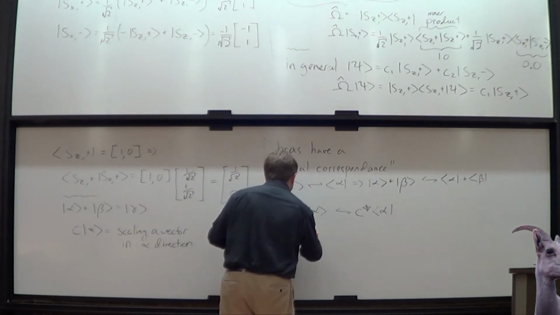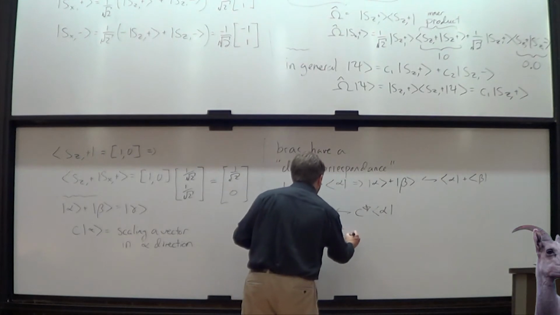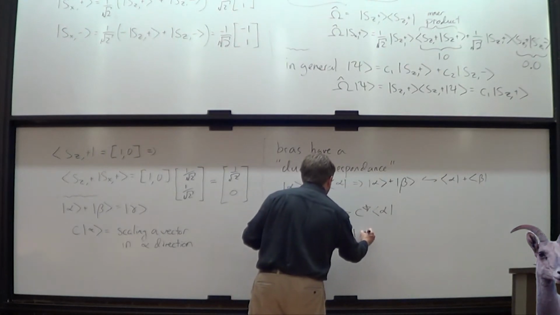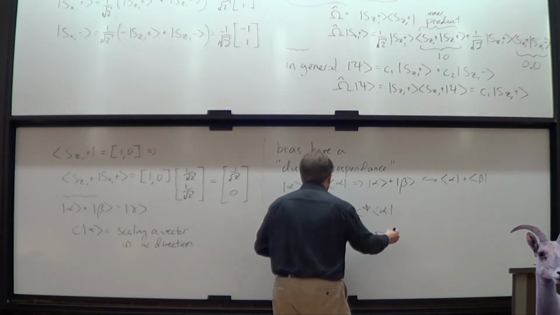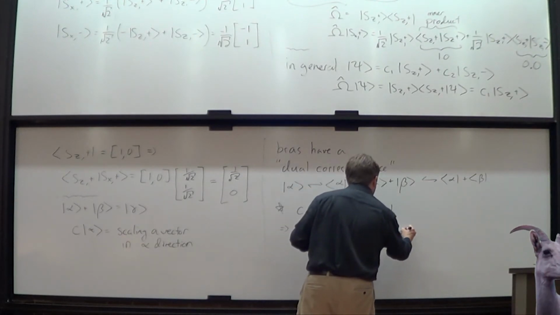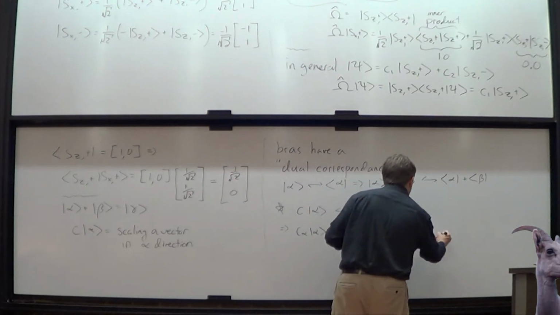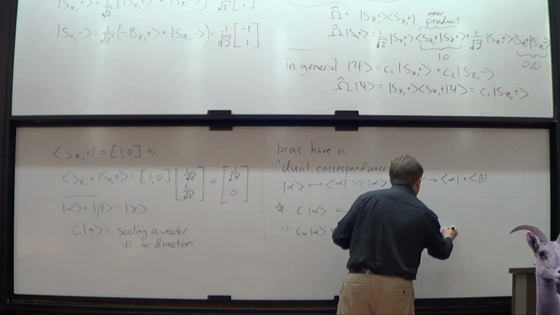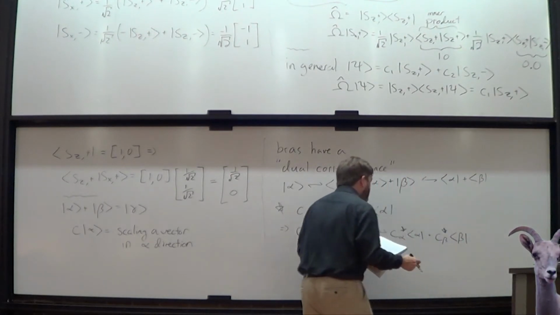Obviously, this is kind of painful to write down, but maybe you don't need to write this down. I can take a linear combination of ket states and say that they're dual to the corresponding bras. Again, I'm kind of obliged to write it down.